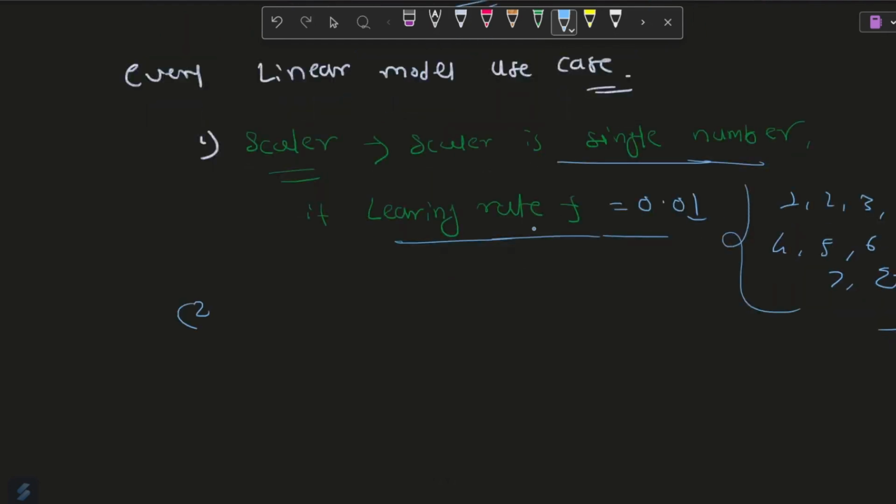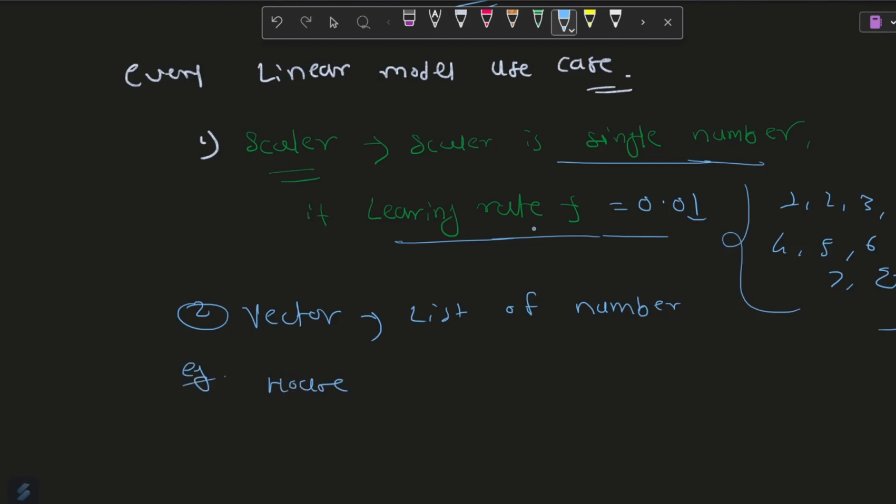In the second term, we go with a vector. A vector is basically a list of numbers. What does it mean? For example, you have a house price data set.